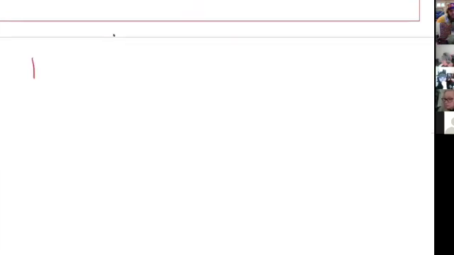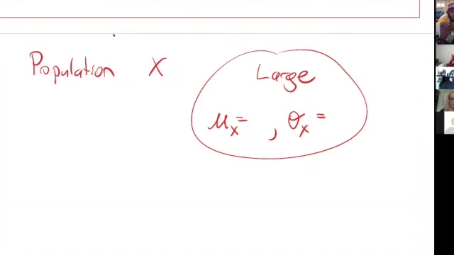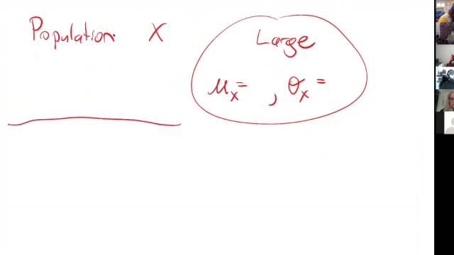So the idea is you have some population X and it's large, so there's a lot of data in here. But from that, you could calculate the mean and the standard deviation of that data. Okay, and in fact here, the shape of this data doesn't need to be normal. It could be any shape data. So maybe it looks like this.